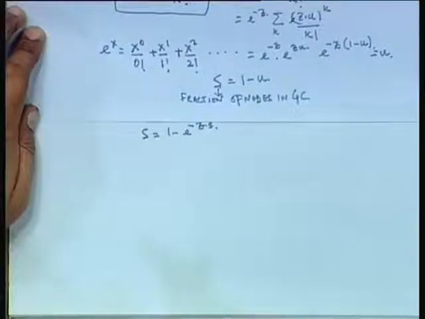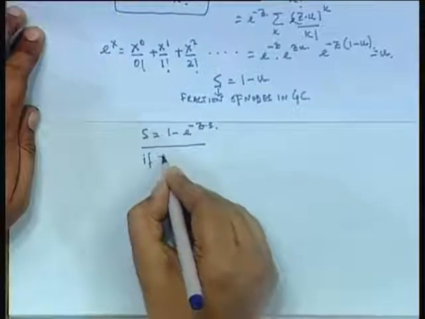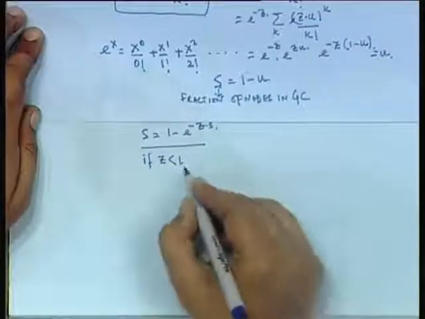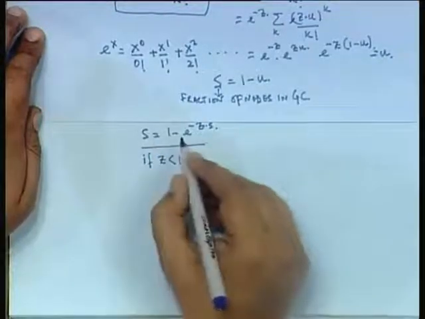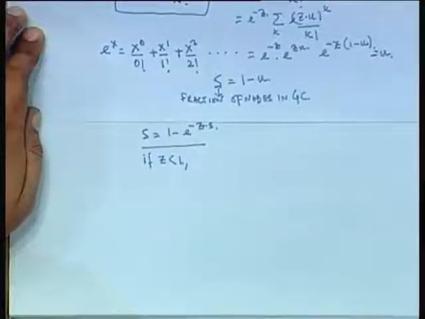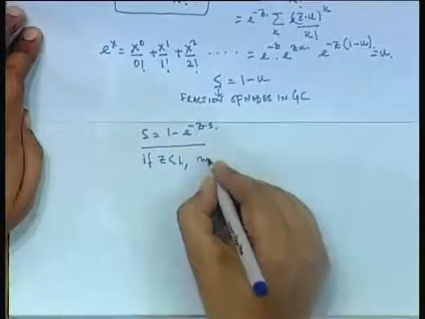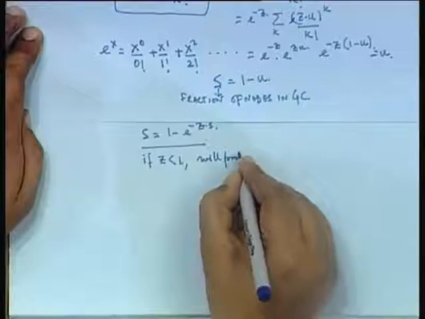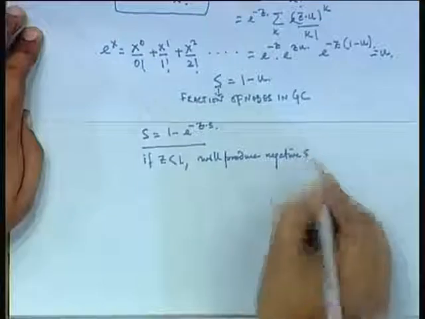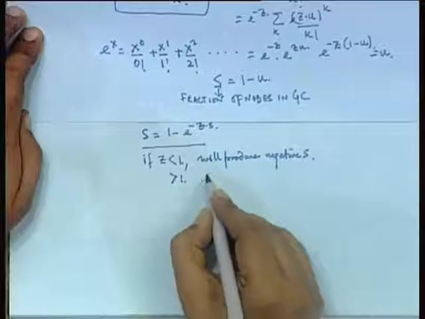And we can show with a simple argument that if z is less than 1, the solution of this equation will only produce negative S. Only if z is greater than 1, S is positive.